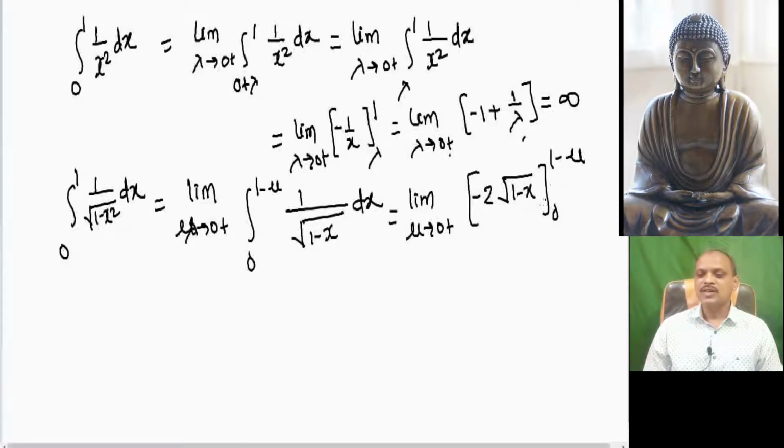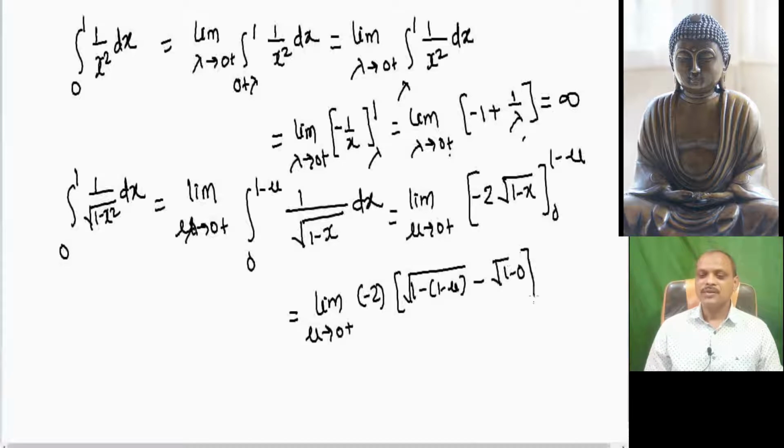So if we take the derivative of this, you can see that this is 1 divided by 2 under root of 1 minus x into minus 1. Now at upper limit, mu tends to 0 from right, we are not applying the limit now, minus 2 into upper limit under root of 1 minus 1 minus mu, and minus at 0, this is 1 minus 0.